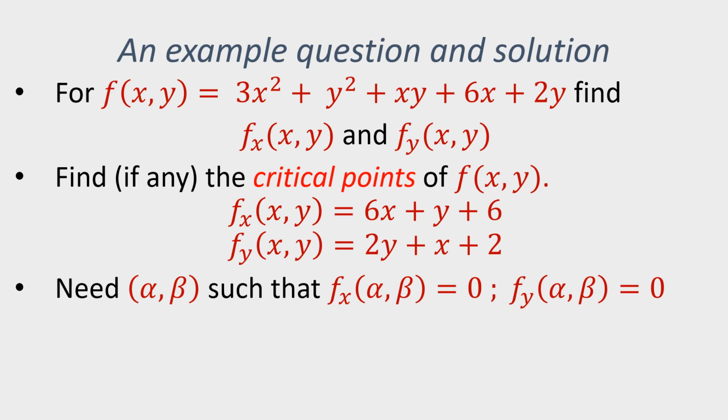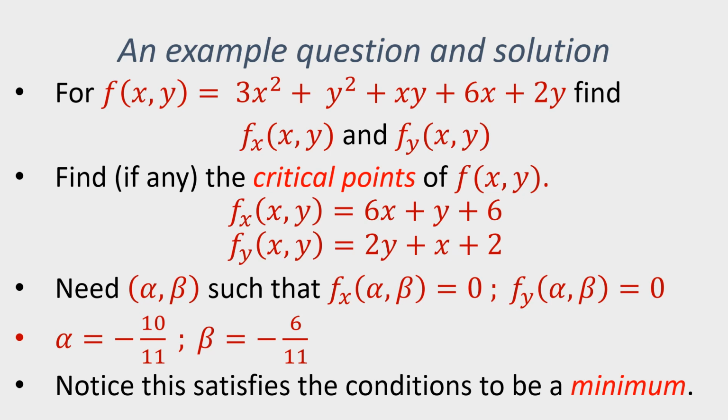If we look at the simultaneous equations that result, what we find is that one of those values is minus 10 divided by 11, and the other value, the value for the second parameter, is minus 6 over 11. If we do the analysis of the second derivative test, we find that this satisfies the conditions for the critical point to be a minimum value.